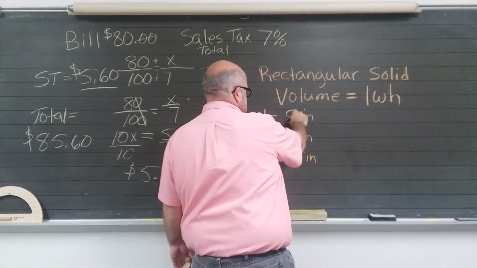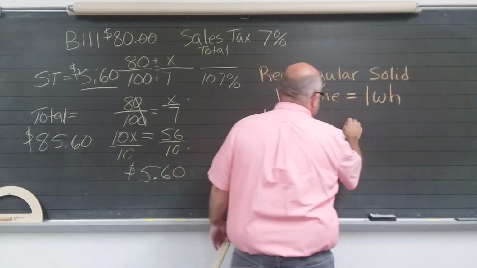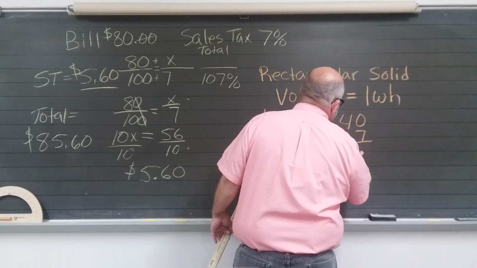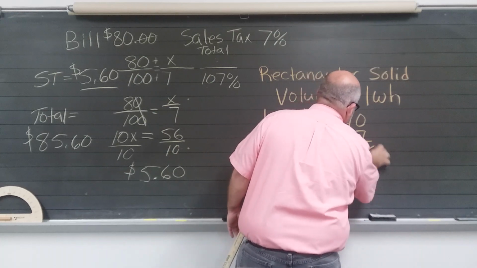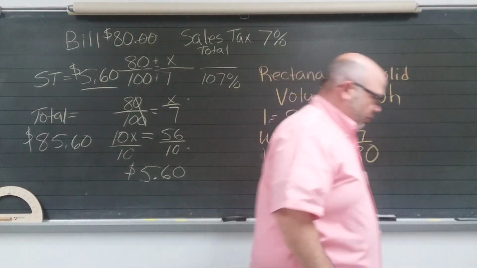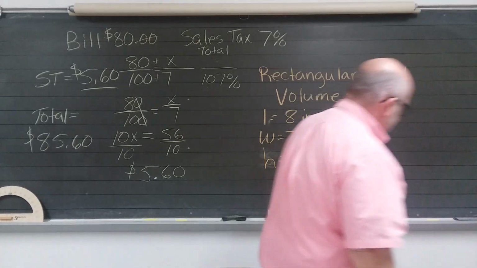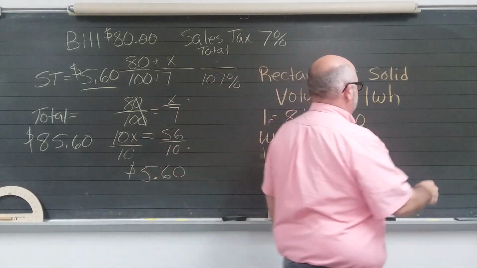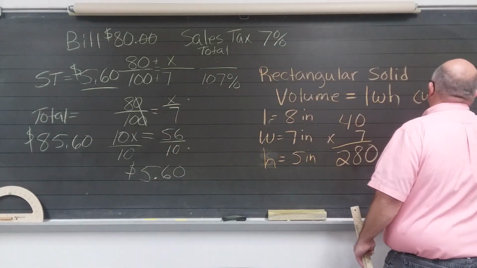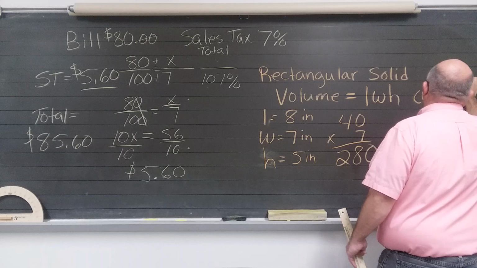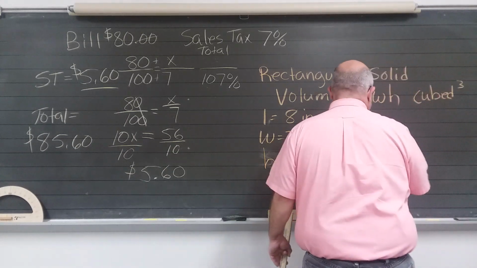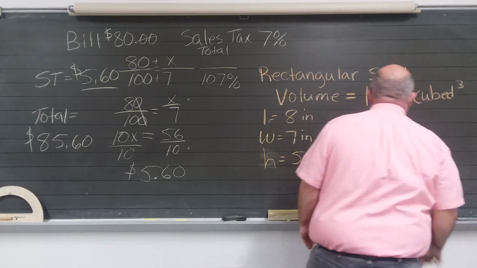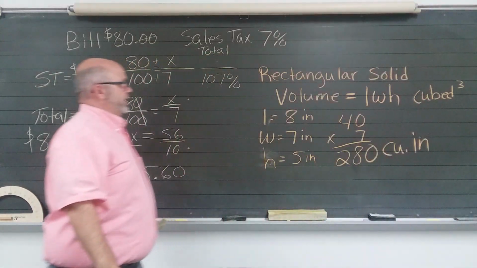How about we say that 8 times 5 is 40. 40 times 7 is 280. And what's my label? Make sure you have the correct label here. Volume is always cubed. All right? Cubed. Or the little 3. So 280 cubed inches is the answer for that volume problem.